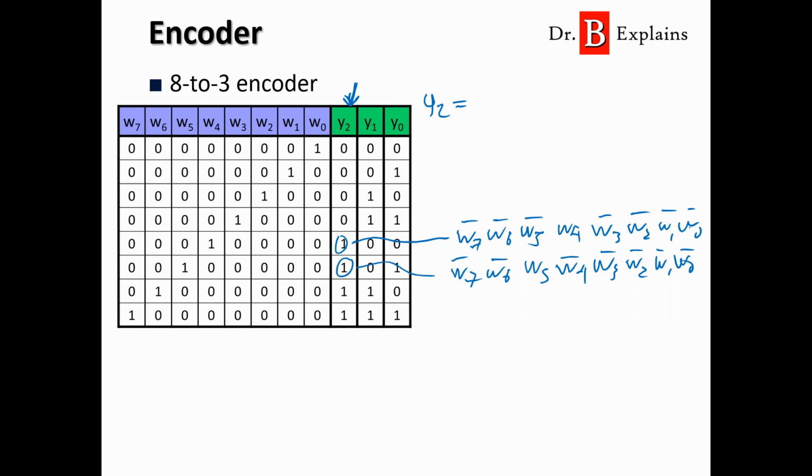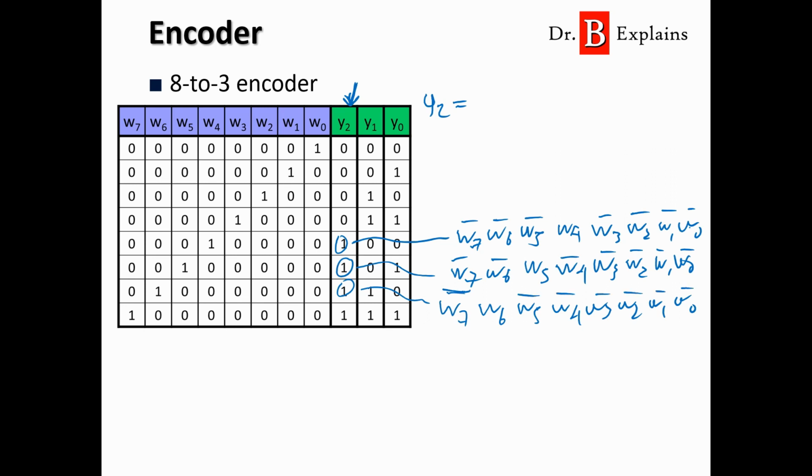Okay, so now you can have combinations of these things. Let's say I start with this guy, I can say that is a W7, so this is a not, and then the rest are not.